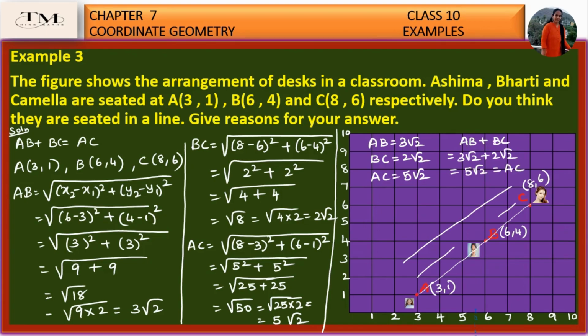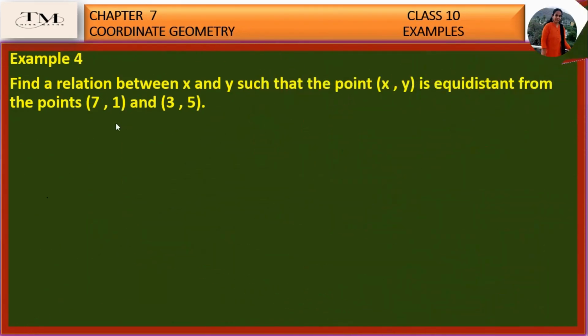So we got AB plus BC is equal to AC. Then if it is so, they form a line. So A, B, C form a line. Okay children, can you understand? So moving on to the next problem.